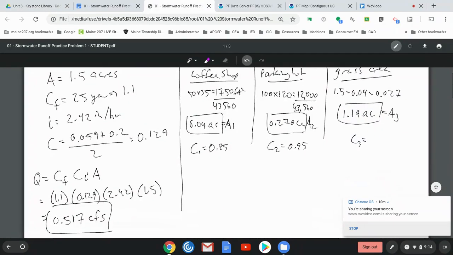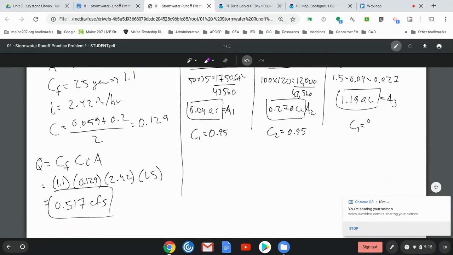So it's 0.15 plus 0.2 over 2. The average of those two numbers is 0.175. Let me just double check that. And yeah, 0.175, right? Halfway between 0.15 and 0.2 is 0.175.